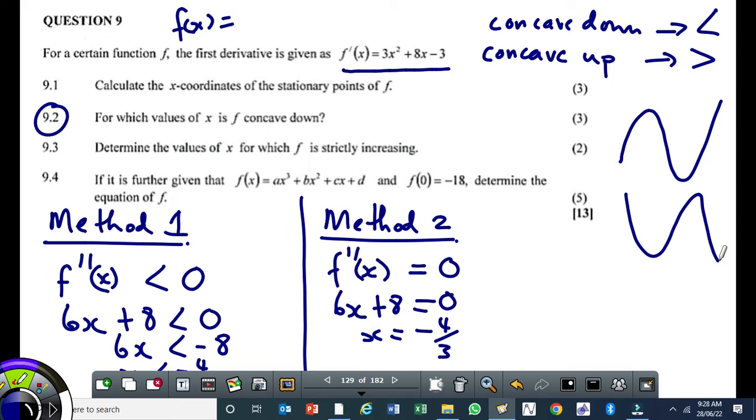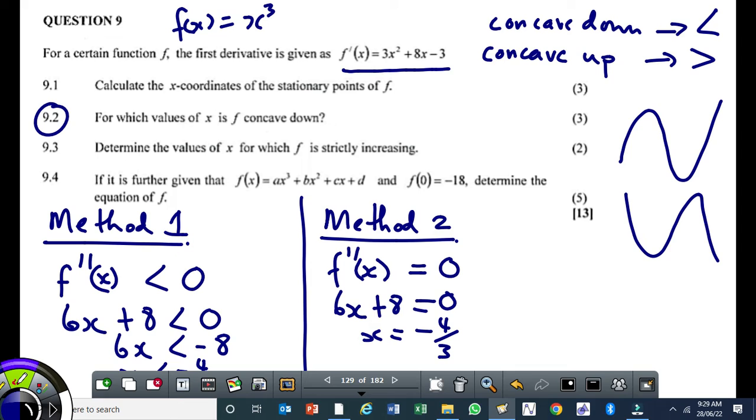So you find that method 2 is not advisable for this question because you are not given the sketch. You end up wasting time to determine the shape of the graph and to determine where x equals minus 4 over 3 is on that graph. So this will be the best what? Method for that question.